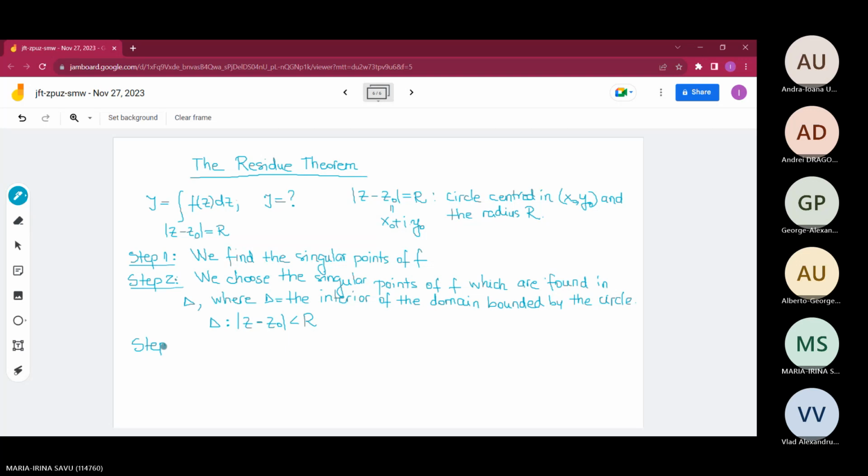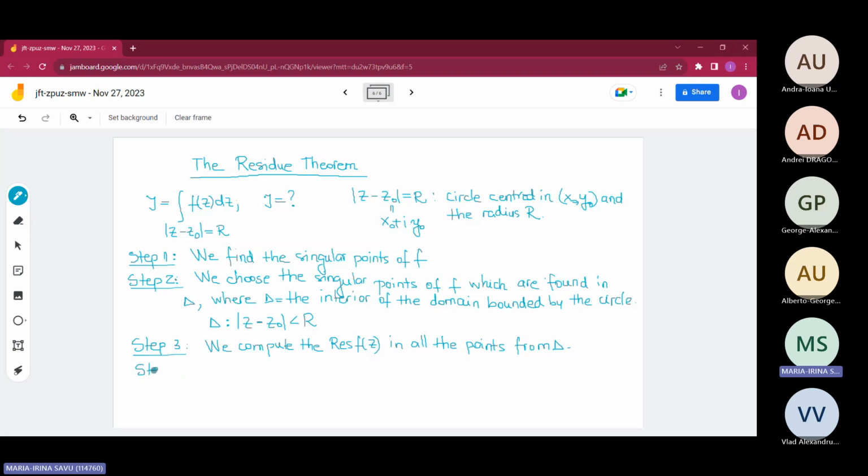Step 3. We compute the residue of f(z) in the points we found. We first have the points, and then depending on the point, we put them in the residue function of f.